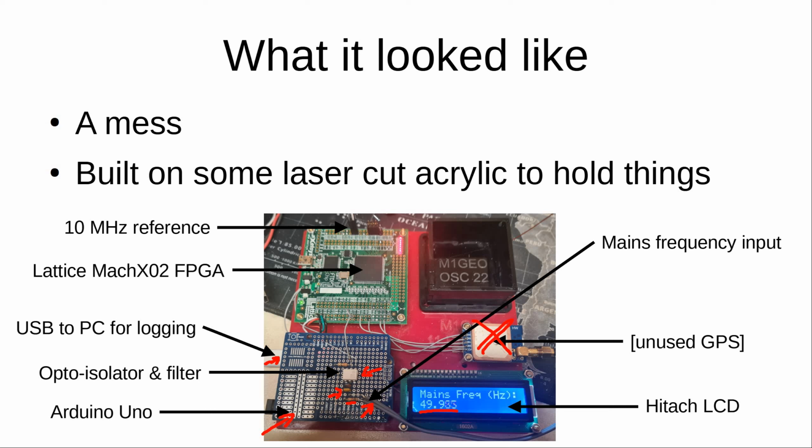The 10 megahertz reference comes in over here. It's on 2 pins, comes in via a small SMA to 0.1 inch header. And then you have the big FPGA here, with some interfacing into the Arduino between the two. And the USB connection also provides power. So that's what it looks like.